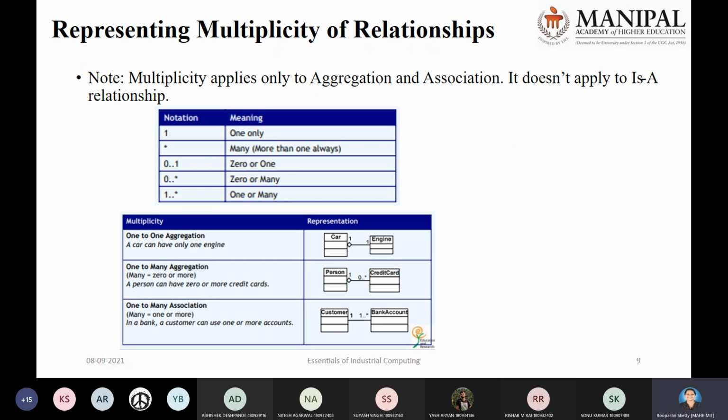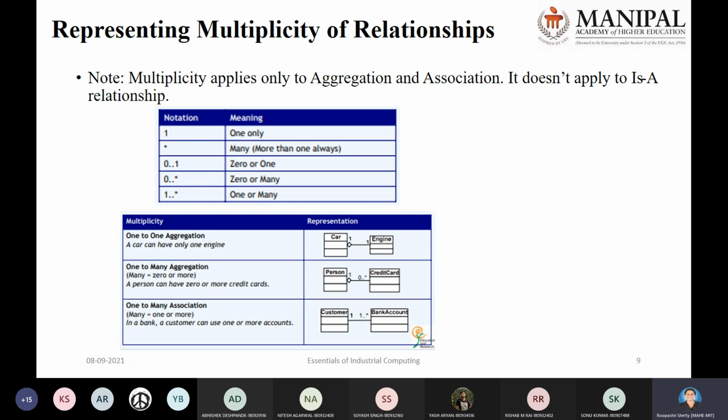We have discussed 3 different cases, and it is basically used for aggregation and association. We do not use any multiplicity for inheritance. Inheritance you cannot represent with multiplicity, but for aggregation and association you can, with the help of one to one or one to many association.